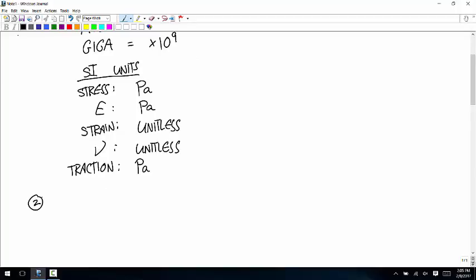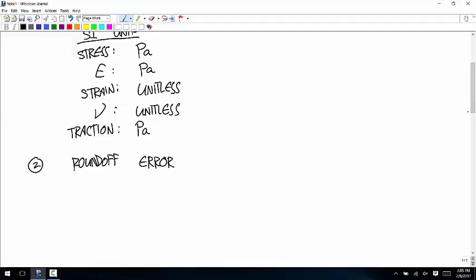A lot of people were writing, particularly the strain answers, with a single significant digit. The title of this is round-off error. If you give a strain value as 0.0002, you're expressing that with one significant digit.